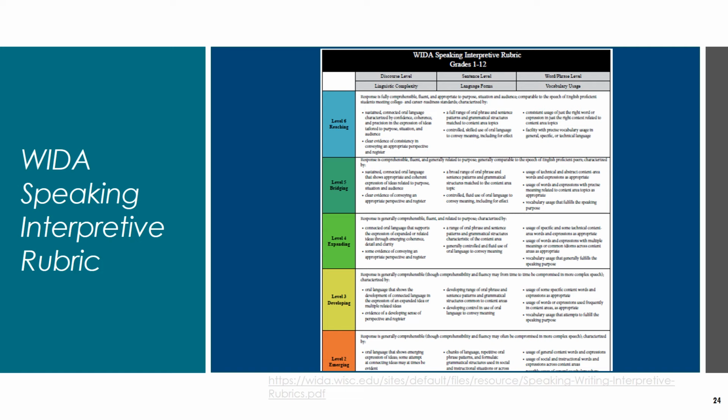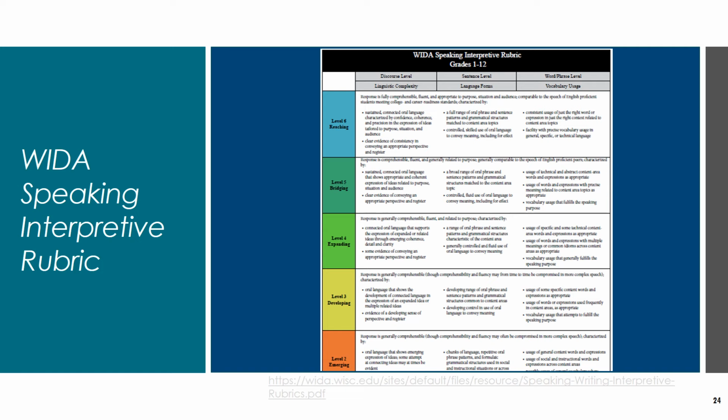WIDA also has the speaking and writing rubrics that are necessary for all teachers to understand the process of developing this skill. You can find these rubrics, which are evidence-based, at the address that is on the bottom of the slide. The WIDA Speaking and Writing rubric has been developed looking at the three components that you see in the performance definitions: linguistic complexity, language forms, and vocabulary usage.